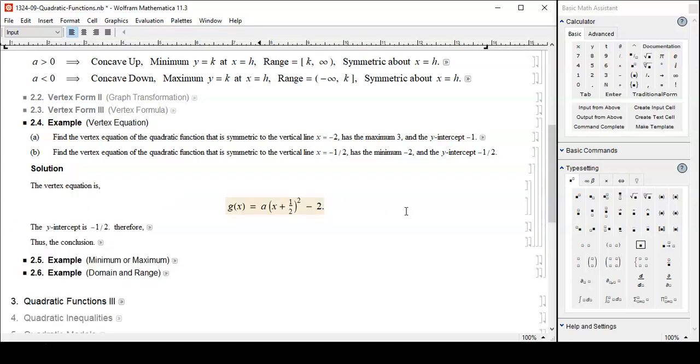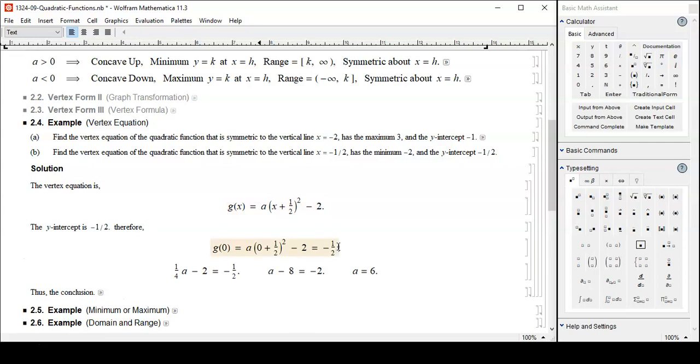So here's a vertex equation. I already used up f, so let's use g. g of x equals a times, which we don't know yet, (x plus 1/2) squared, because h is negative 1/2, and then minimum negative 2. Good, h, k values. And then the intercept is negative 1/2, so plug in x equals 0.